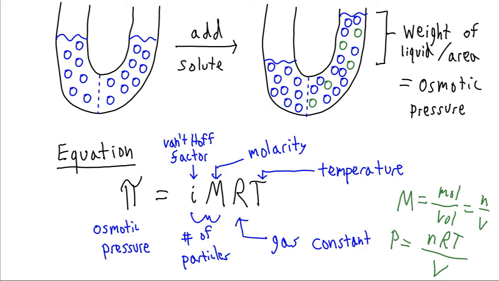So this actually has the same form as PV equals nRT, which goes to show you how tightly related ideal gases are to ideal solutions.